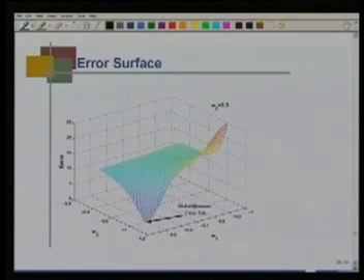This is the error surface. If you look at the error surface, the weights glided to the bottommost position, the global minimum. With a linear network you always reach a global minimum using gradient descent.